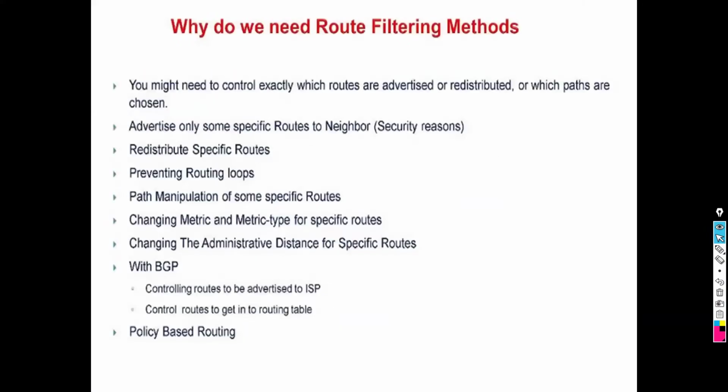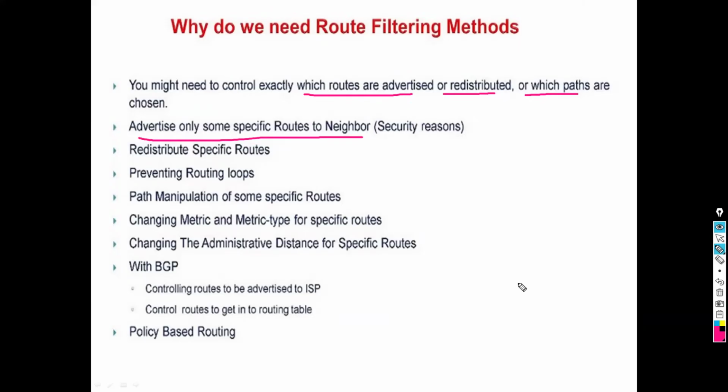Okay, why is route filtering required? Why do we need route filtering methods? You might need to control exactly which routes are advertised or redistributed, or which paths are chosen. Advertise only specific routes to the neighbor for security reasons. For example, you don't want to advertise all the routes to the neighbor router.